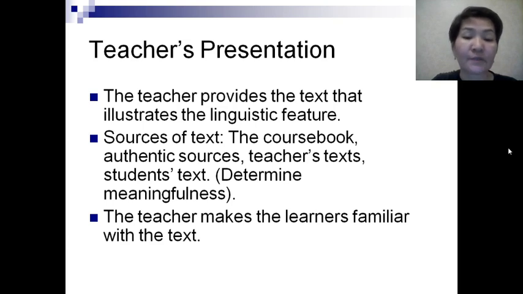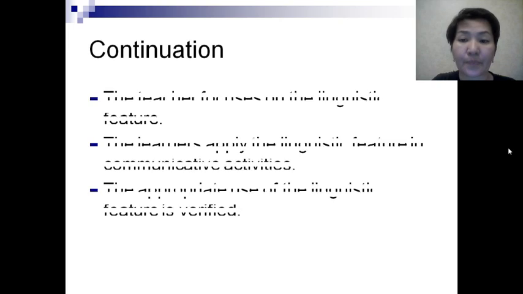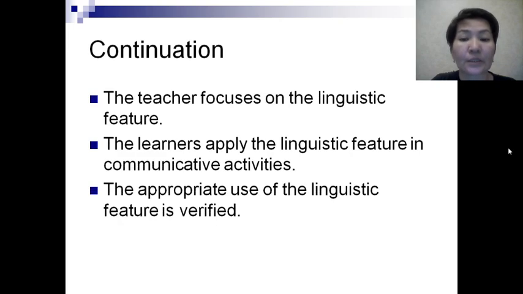It may be some video materials or some authentic texts, journals, magazines, reviews, etc. The teacher makes the learners familiar with the text and focuses on the linguistic features. The learners apply the linguistic feature in communicative activities. The appropriate use of the linguistic feature is verified.